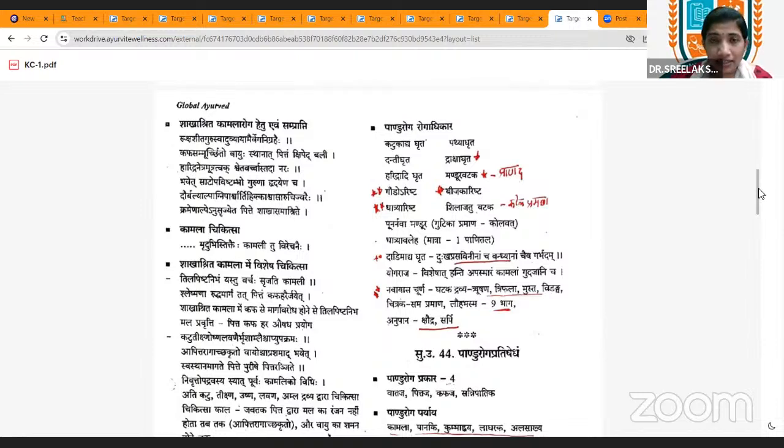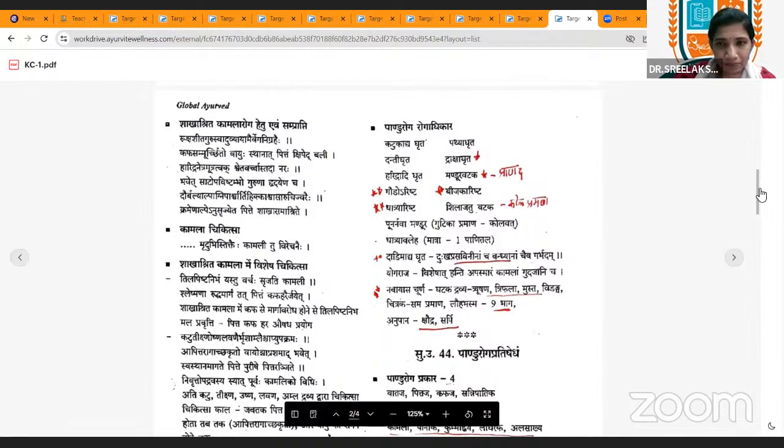Also Kashaya Rasa Bhavita Mrit, that will cause the person to have aversion towards the Mrit. So Kashaya Rasa Bhavita Mrit is also given to that patient to produce aversion towards the Mrit.